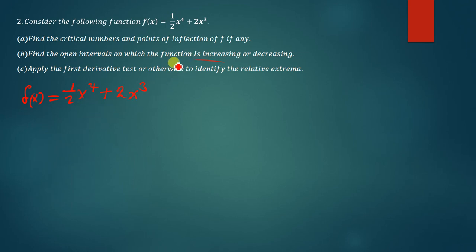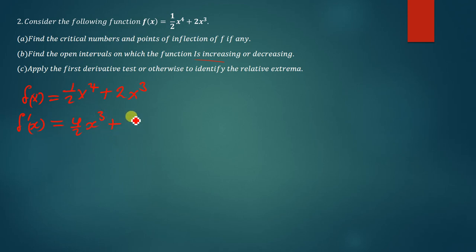Let us quickly solve this question. Let us find the gradient function. So f prime of x is called the gradient function. Finding the derivative of this function, we're going to use the power rule. So 4 times half is just the same as 4 over 2, and then x to the power 4 minus 1, you're getting 3.